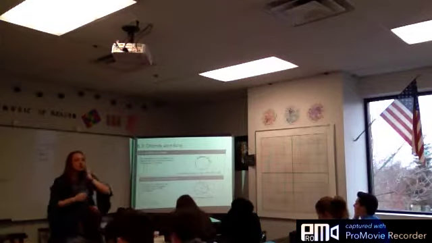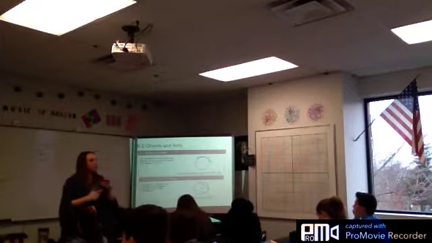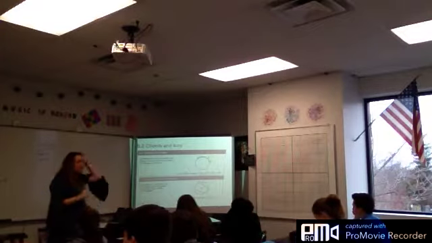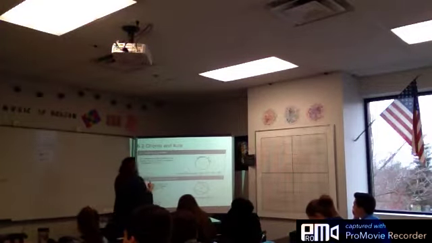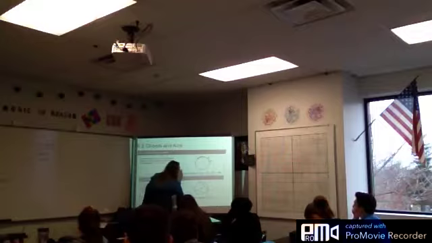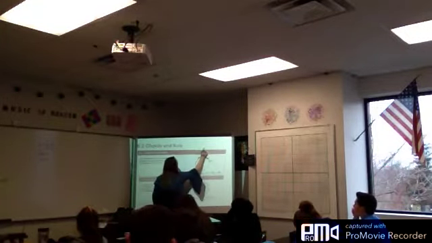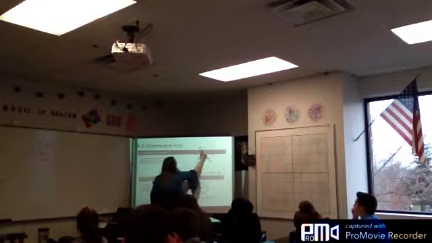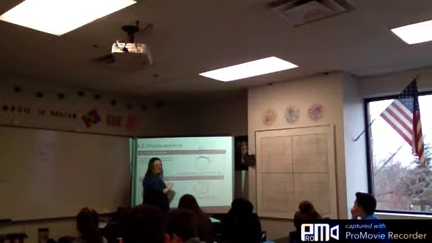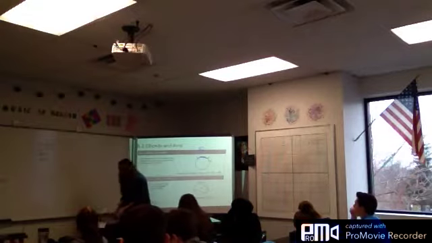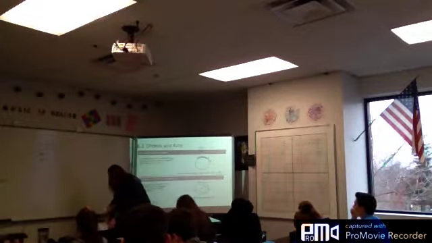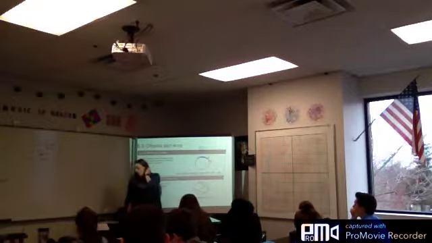When you are dealing with arcs, there are minor arcs and major arcs. This arc right here, AD, is a minor arc. When you write minor arcs, you only need 2 letters, and it is a smaller portion.